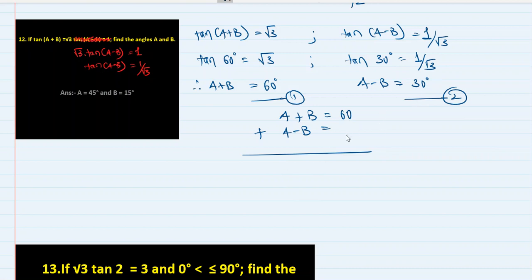Yes, I think now it is correct. So this is, sorry, 30, not 45, 30. A minus B is 30. Yeah, so on solving these two equations, you get 2A is 90 and A is 45. So B has to be 15. Right, so good, we checked the question and found the mistake in the question.